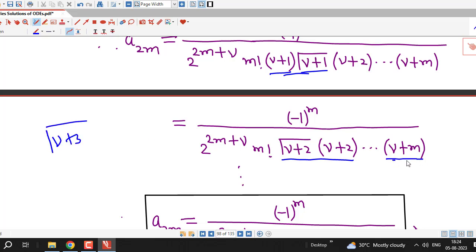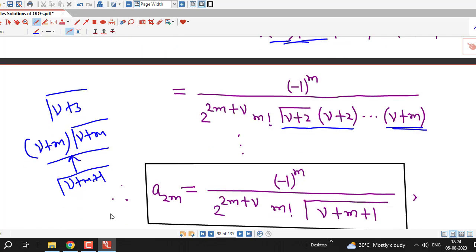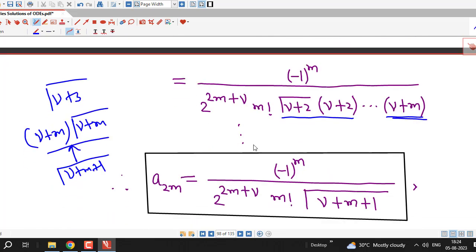And you can see last term is nu plus m, and by doing this process we will obtain gamma nu plus m at the last, and this I can rewrite as gamma nu plus m plus 1. So that I have written here. Rest of the things as it is.